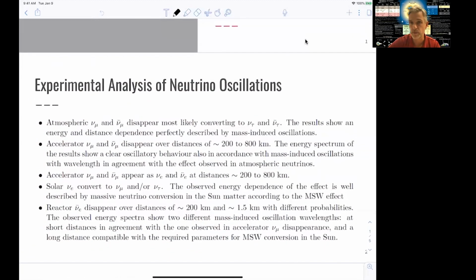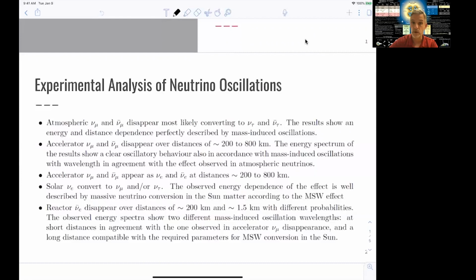This one here shows a summary of what we know from neutrino oscillation. If we look at atmospheric neutrinos, we find that muon neutrinos and anti-muon neutrinos disappear, and they're most likely converting into tau neutrinos and anti-tau neutrinos. We look at accelerator neutrinos. Here we are using muon neutrinos and anti-muon neutrinos. We can show that they disappear over distances of 200 to 800 kilometers.